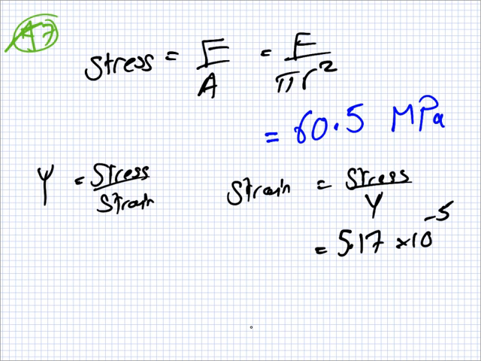Incorrect. He has a minus 4 and I have a minus 5, which means maybe I must have mistyped something previously. Can you tell me what my stress was again? 60.5 times megapascal, mega is 10 to the 6, divided by 1.17 times 10 to the power 11.